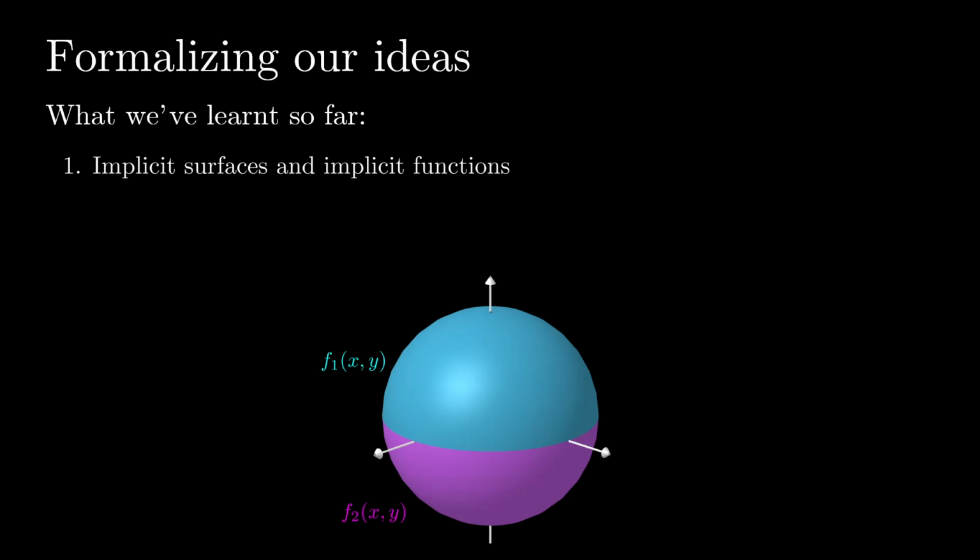Okay, the proof is as follows. First of all, in order to prove something, we have to formalize our ideas. How do we do this? Let's make a fast recap first. What have we learned so far? First of all, we've learned what implicit surfaces are and what implicit functions are.